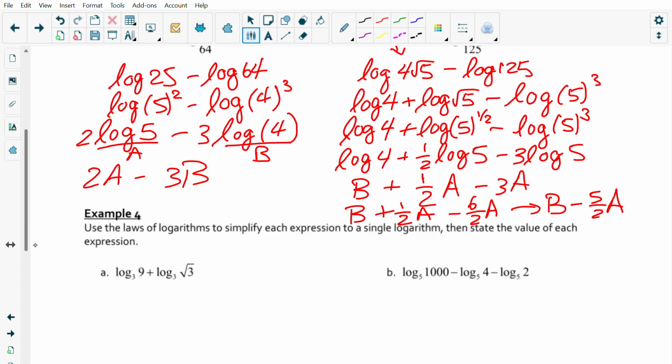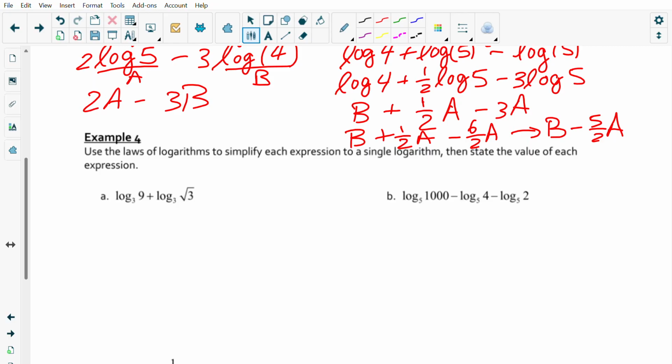Example 4. Let's keep going. Use the laws of logarithms to simplify each expression to a single logarithm, then state the value of each expression. So log base 3 of 9 plus log base 3 of square root of 3. This we can evaluate right away. That is just 2 plus, let's do this, log base 3 of 3 to the 1/2.